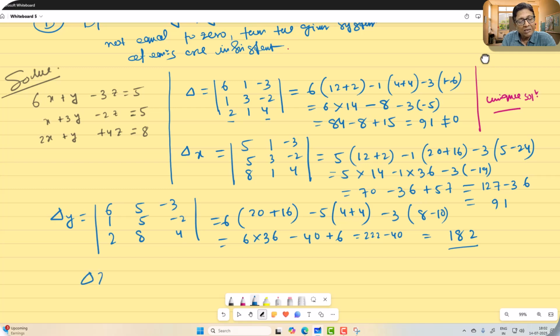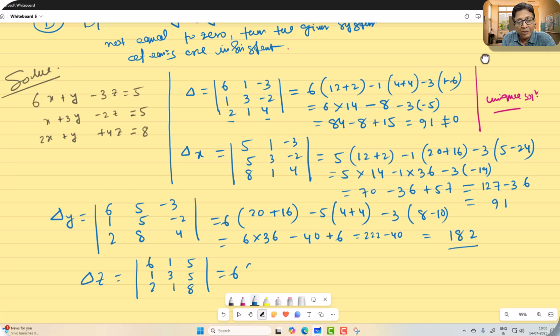And delta z. Delta z is what? 612. Only this thing is going to be replaced by 558. 131 and then 558.